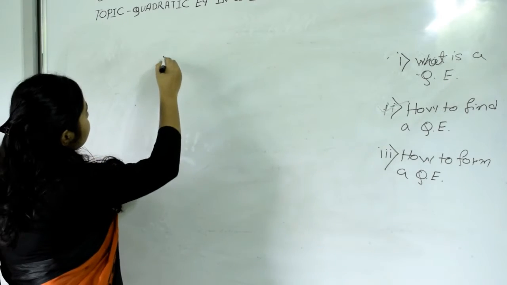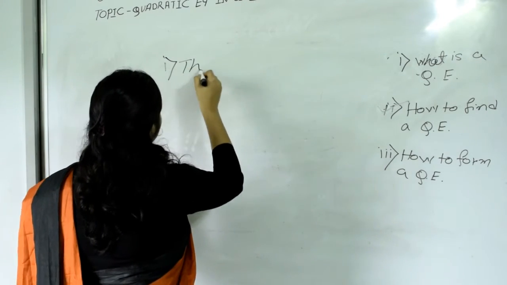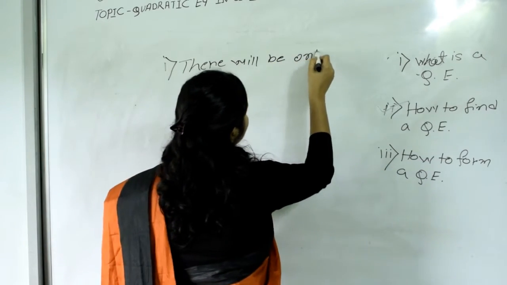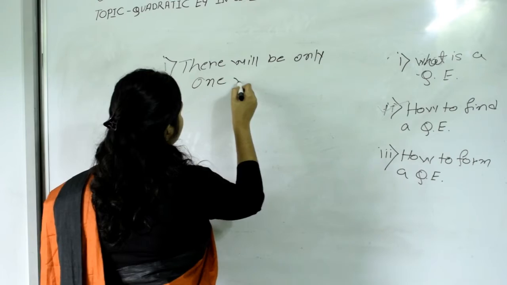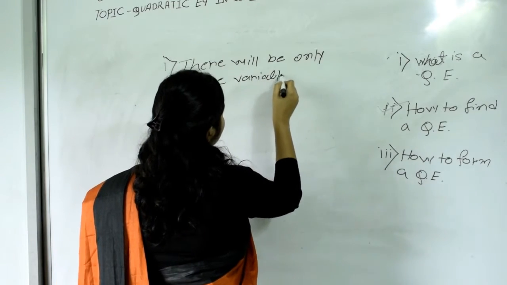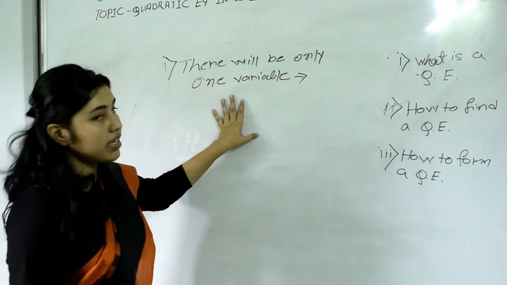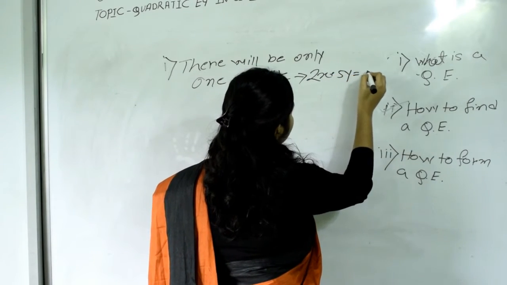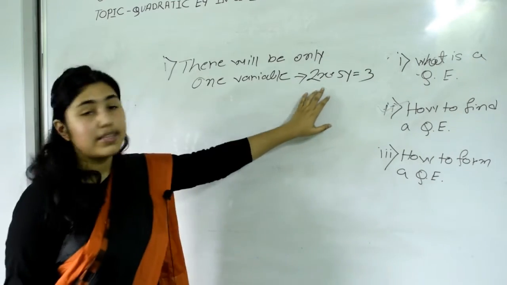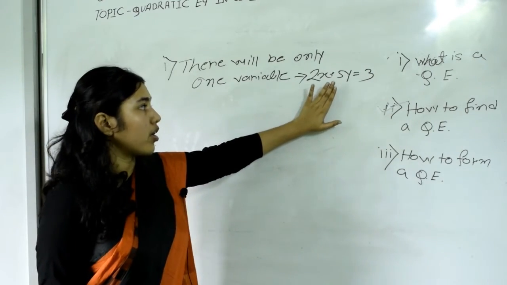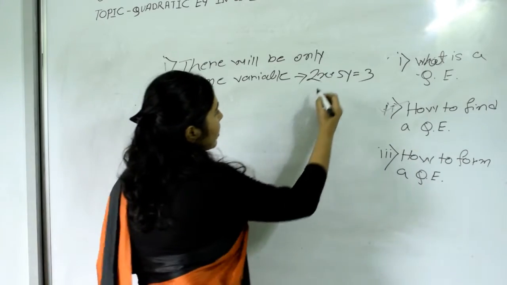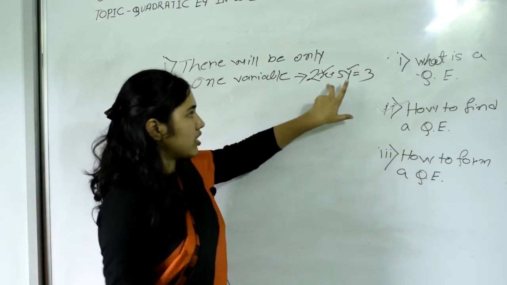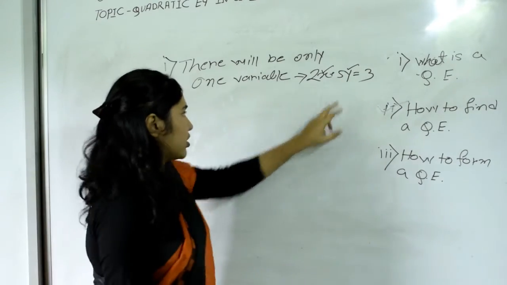The first one is there will be only one variable, which means if we consider 2x plus 5y equals to 3, then this type of equation is not a quadratic equation, because here we have x and y, two variables in this equation. So this is not a quadratic equation.